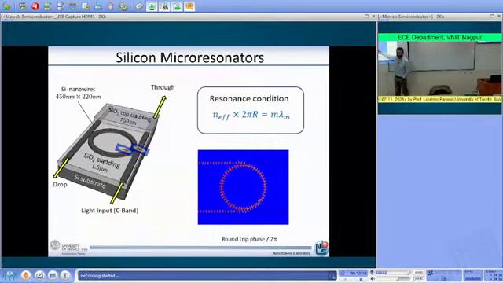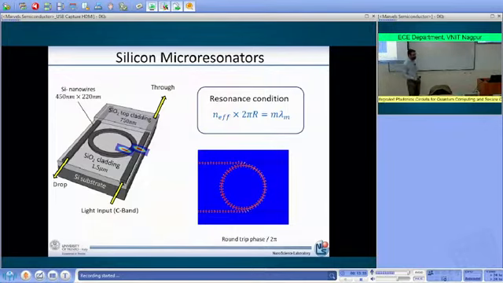If you have destructive interference, it means that the field that is coming here is destroying the field that is trying to enter into the microring resonator. If you have constructive interference, you are storing power inside the microring resonator.